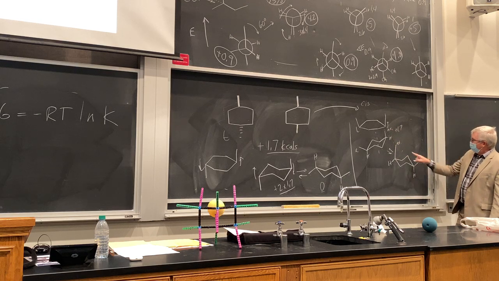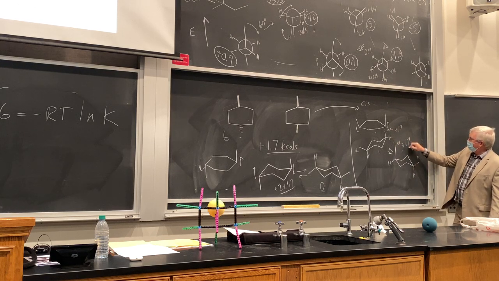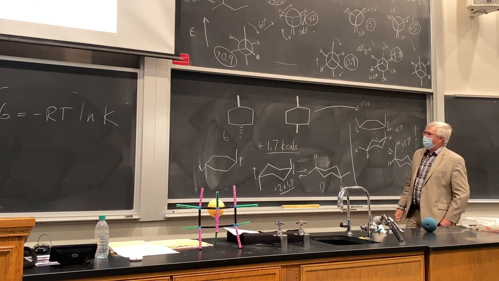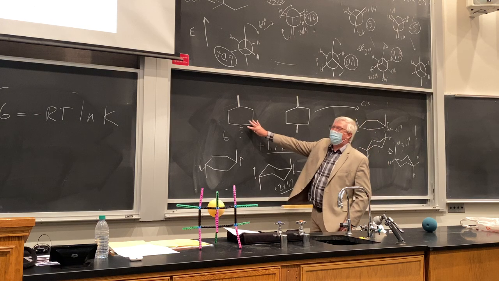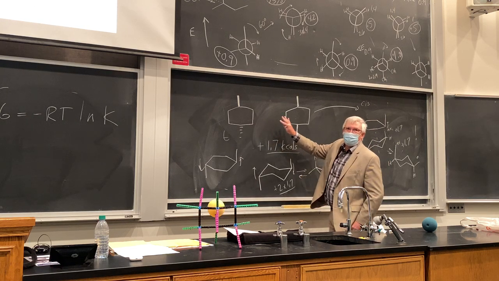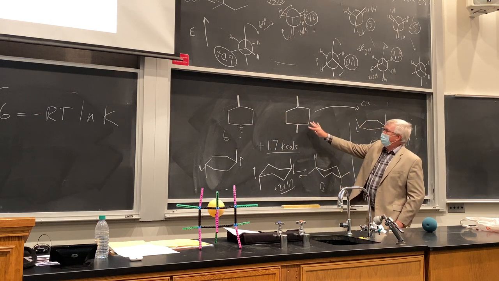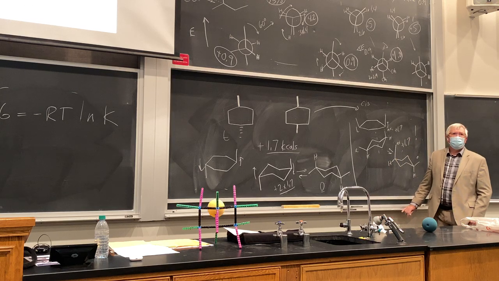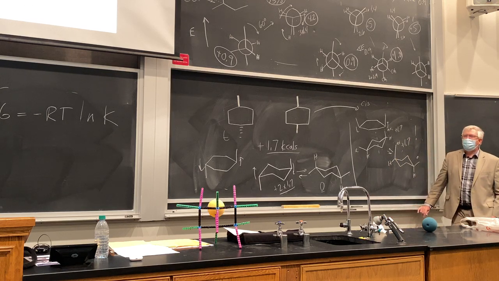Here, equatorial, now axial, oh, they're both 1.7, okay? So when we burn trans 1,4-dimethylcyclohexane, and we separately burn cis 1,4-dimethylcyclohexane, which one gives off more heat and why?